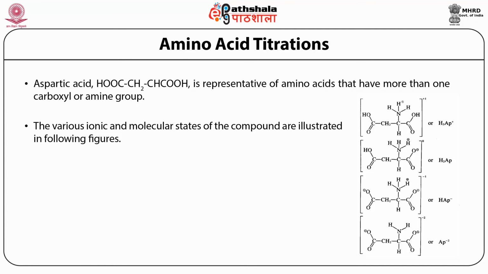It will lose a further proton and form HAsp 2 minus anion, and finally, the Asp 3 minus anionic form, from which it is very difficult to remove a proton. You can see here we will get a number of dissociation constants, and if this titration is done again with sodium hydroxide and hydrochloric acid one by one, then we get an inflection point for each titration.